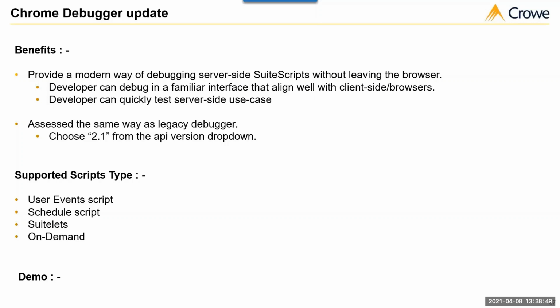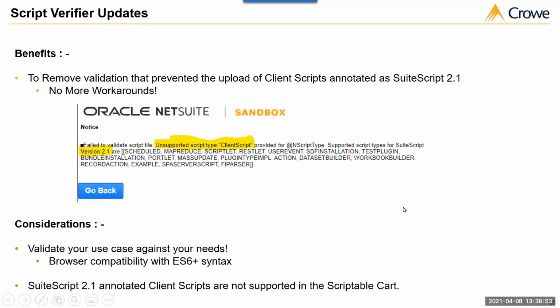Next slide, please. So another update on the scripting side. Earlier, whenever we tried to upload SuiteScript 2.1, NetSuite would not allow us to upload it because of some verifier. It was throwing an error, and you can see a snapshot attached here.